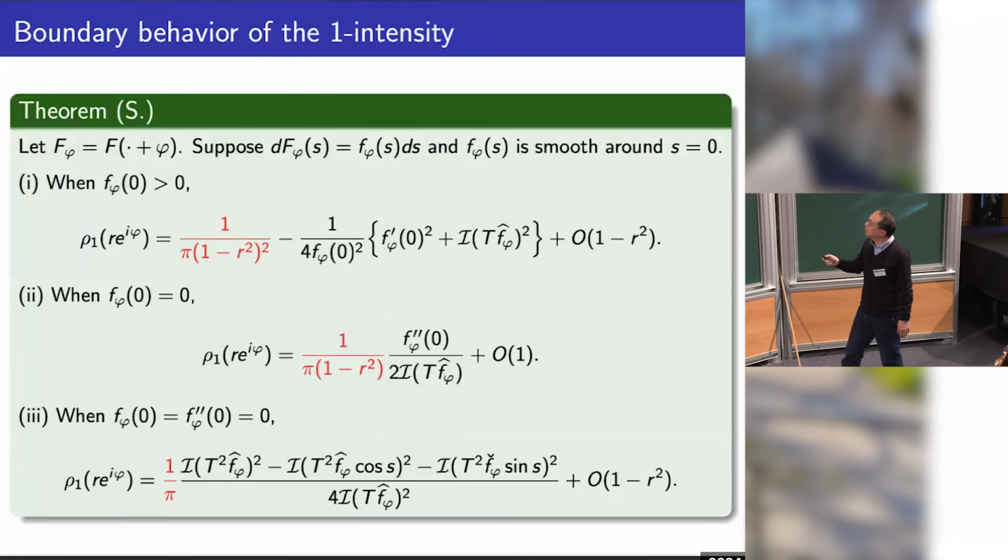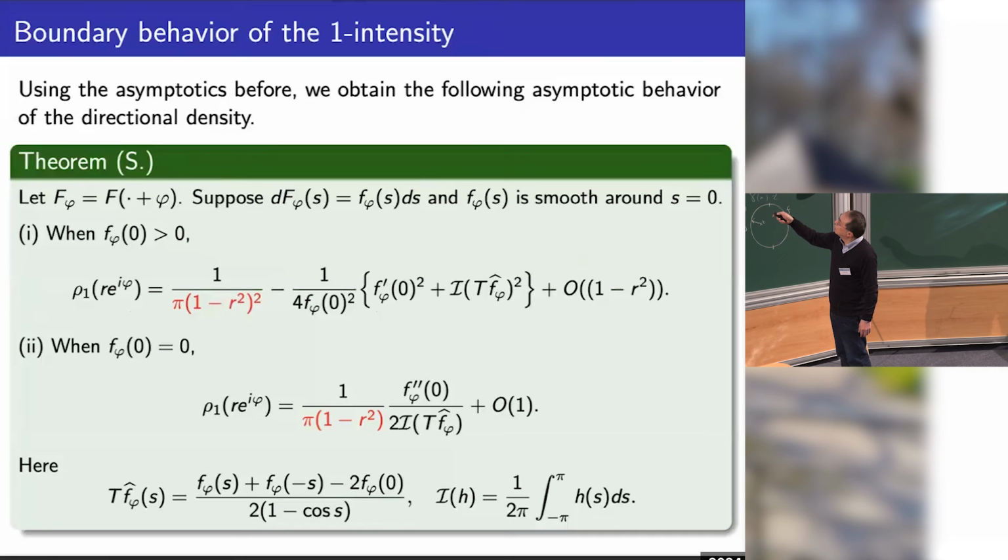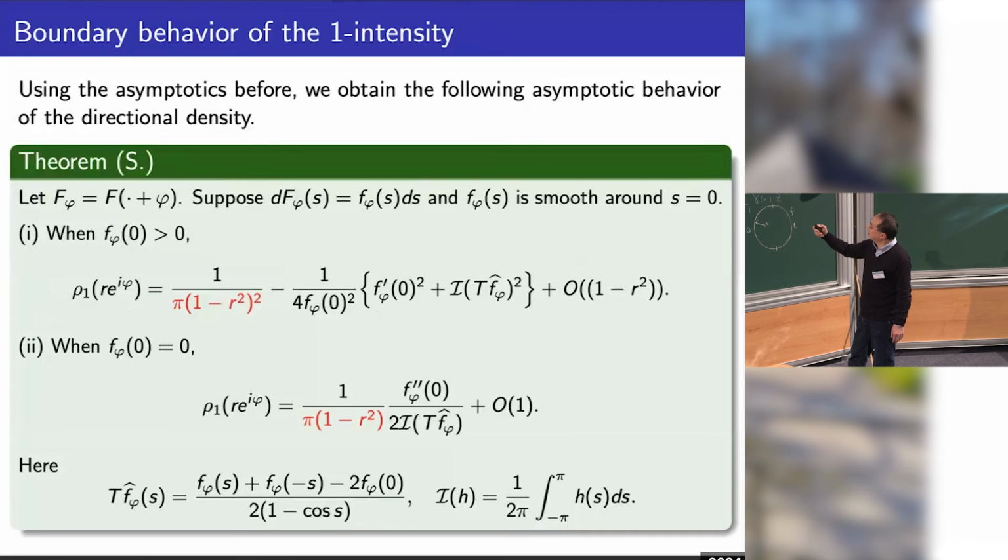But anyway, maybe I should stop. The result is something like this. If the spectral density is strictly positive, then you get the i.i.d. part minus an order 1 term. But if the density is 0, then the exponent decreases, here 2 and here 1.